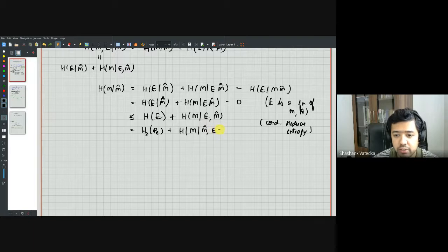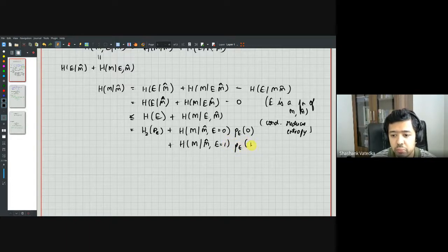So I'll write this as h of m given m hat and E equal to 0 times the probability that E equals 0, plus h of m given m hat and E equal to 1 times the probability that E equals 1.